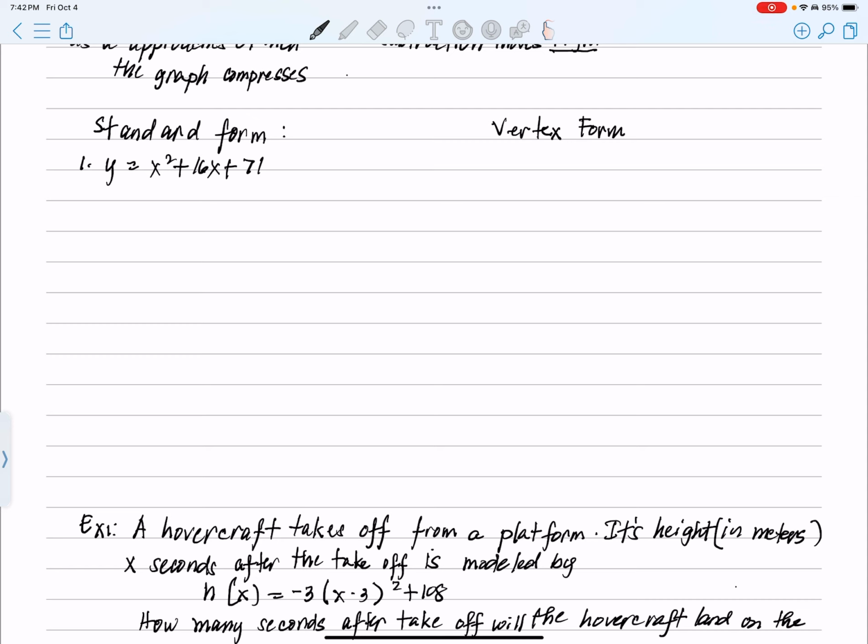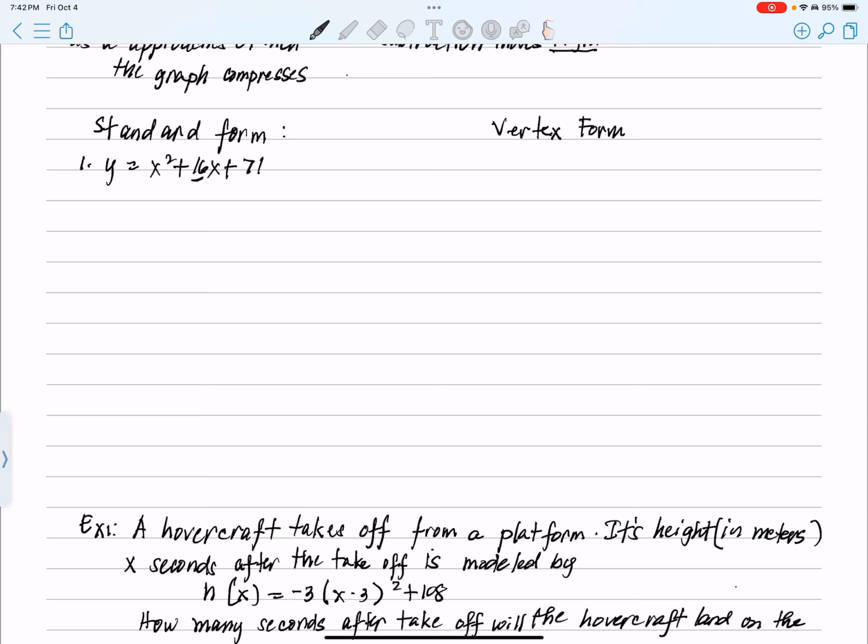Let's do the steps. First, we have to identify the coefficient of x. So the coefficient of x is 16. So that means make it half. That means we have to divide it by 2.